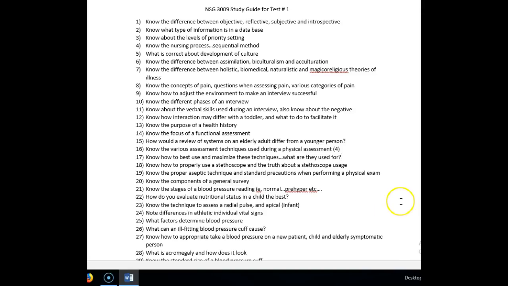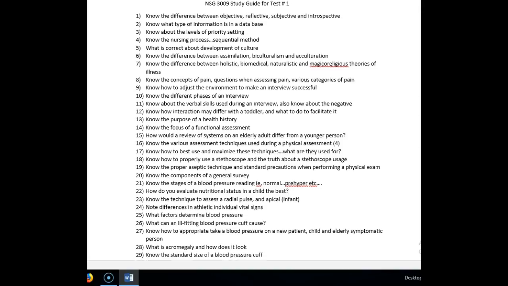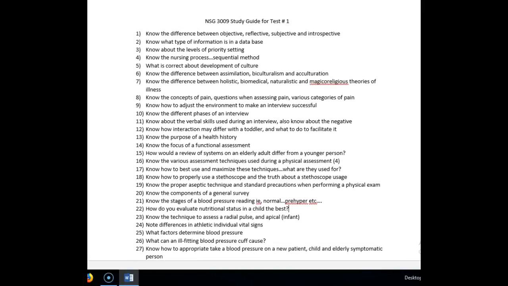Know the proper aseptic technique and standard precautions when performing a physical exam. That all goes back to what we were talking about when you perform a physical exam. What I'm basically saying to you is, we know that you need to be wearing your gloves when there's a potential with any body fluid.